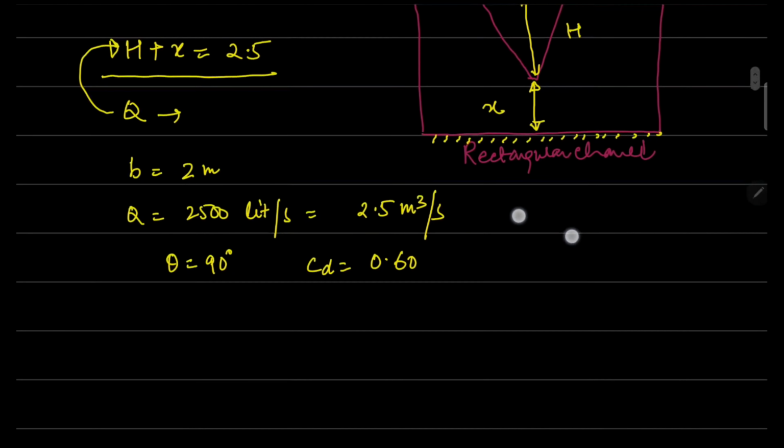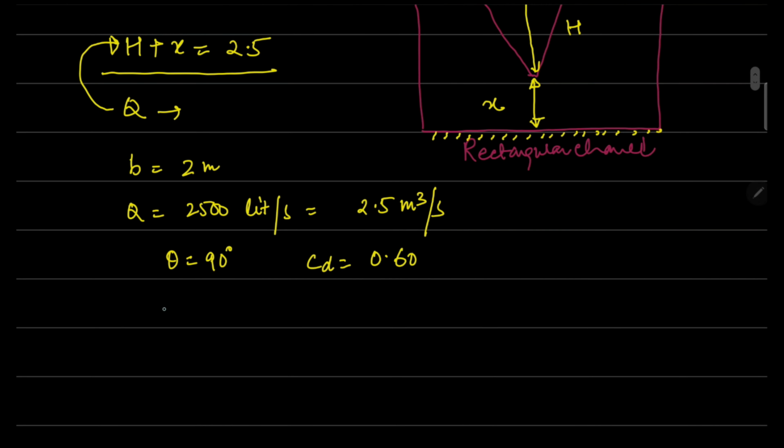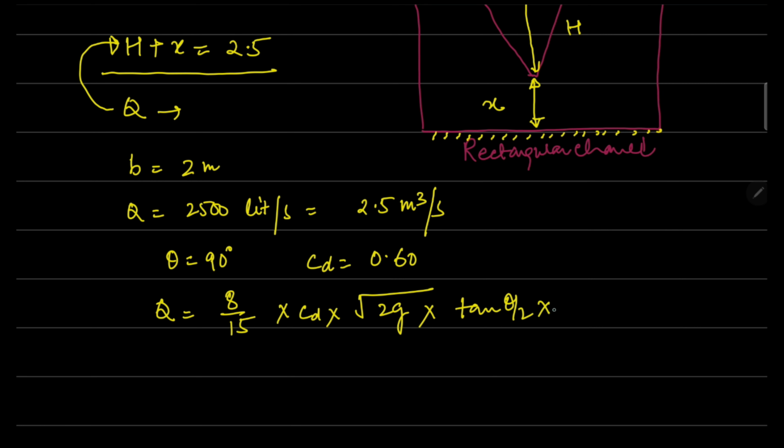So we will figure out the discharge over the triangular notch, that is Q is equal to 8 by 15 multiplied by CD multiplied by under root 2g multiplied by tan theta by 2 multiplied by h raised to the power 5 by 2.